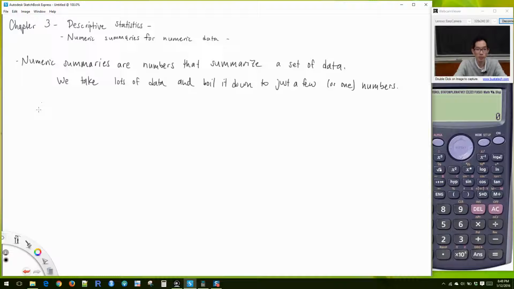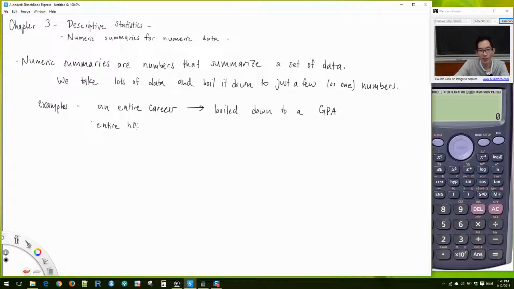Okay, so examples. An entire academic career gets boiled down to GPA, okay, or the entire history of one's borrowing record.